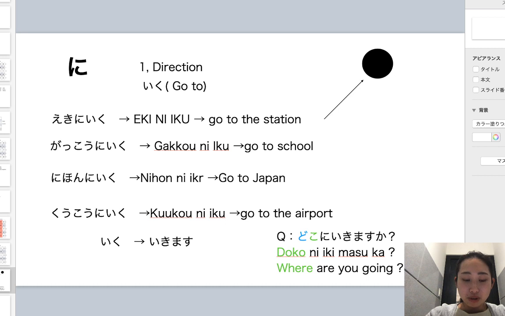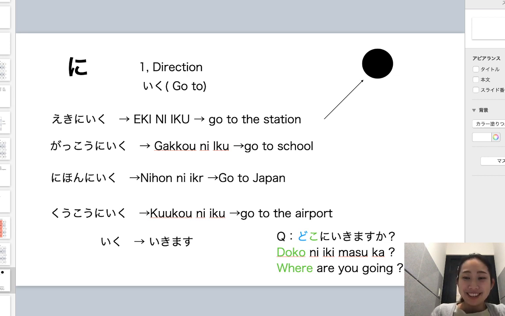So, ni functions. Before, we talked about direction. If you want to know academically a little bit more deeply, you can divide it into what kind of direction it is, because in Japanese we also use e to point the direction too. But here, to make it as simple as possible, I just explained the first function as direction.